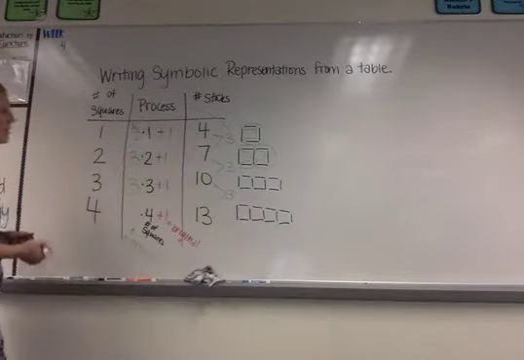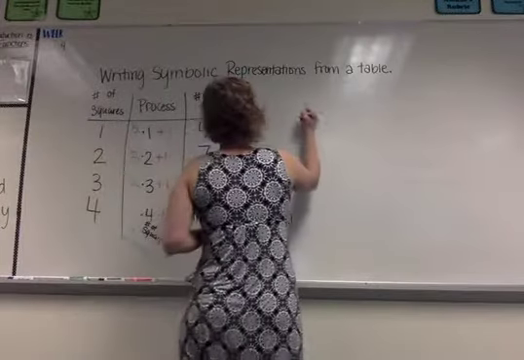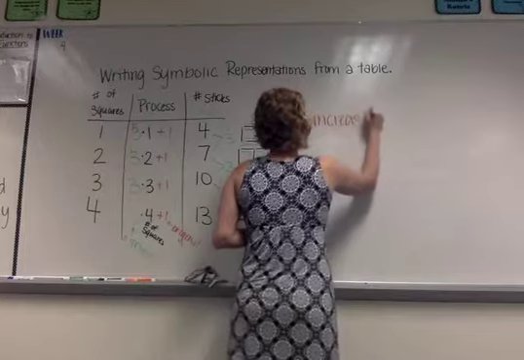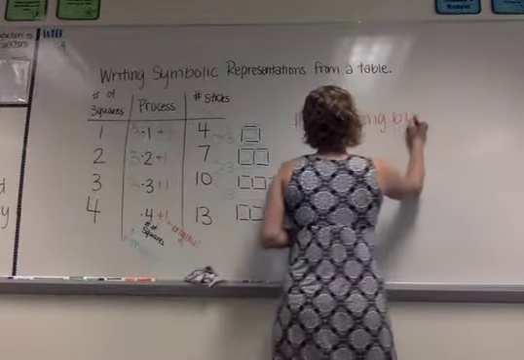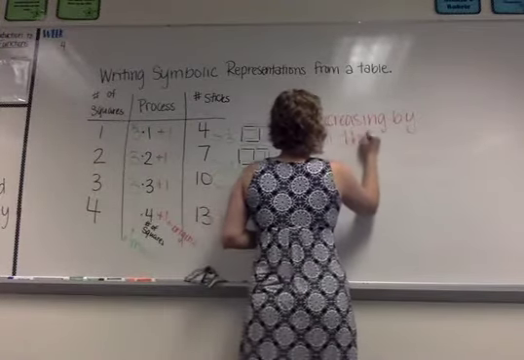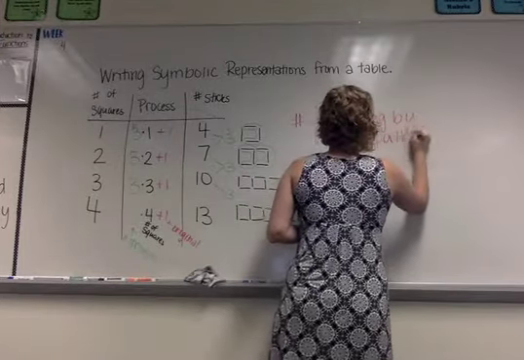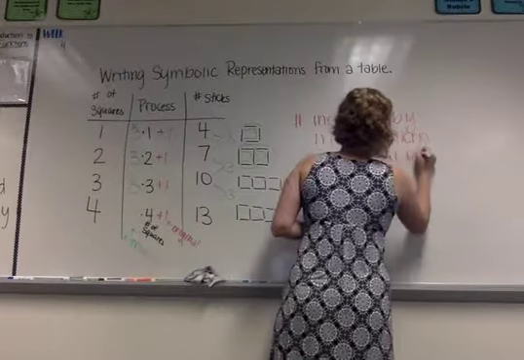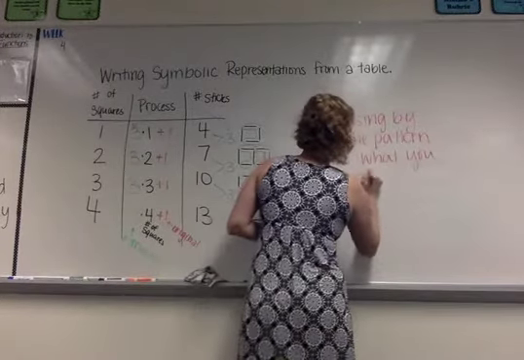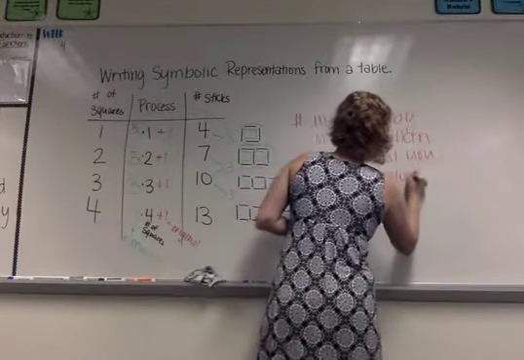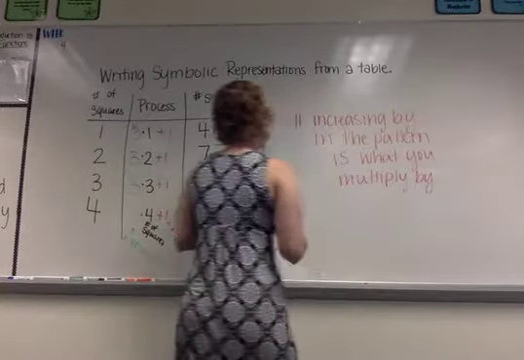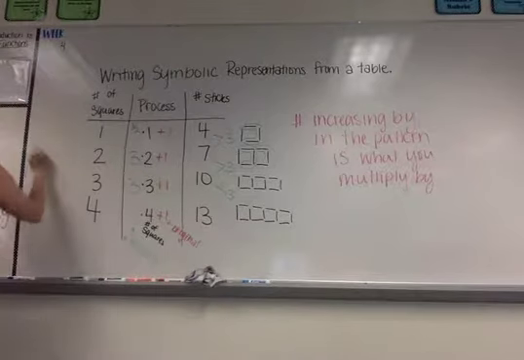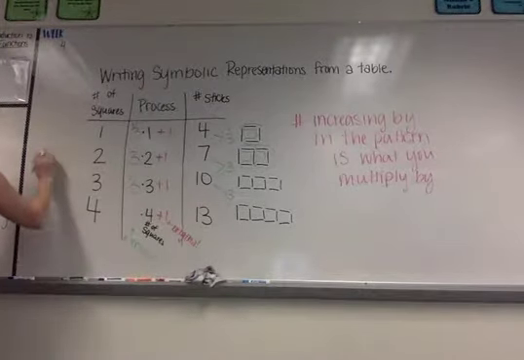So the main thing you want to look for is the number increasing by in the pattern is what you multiply by. Okay, so our final equation on this one is 3 times the number of squares.